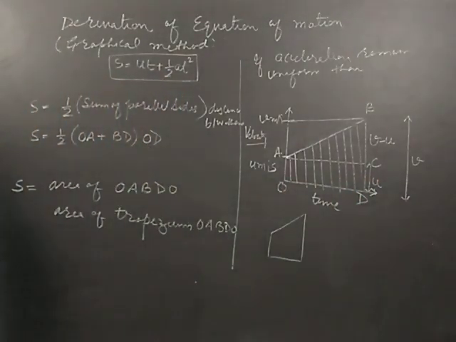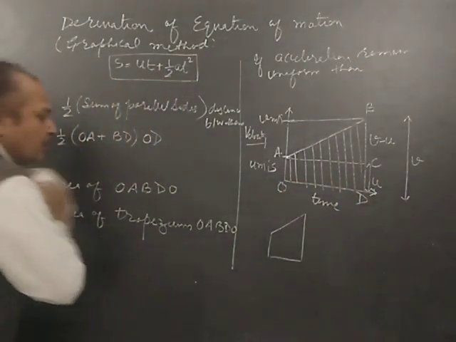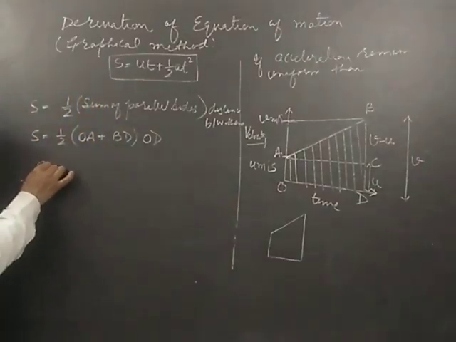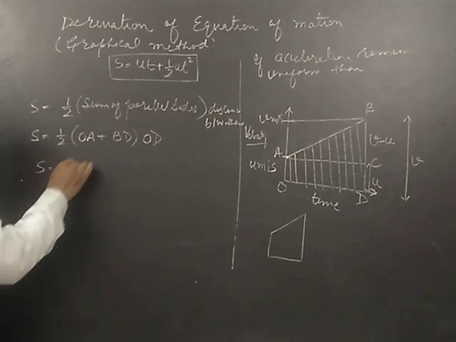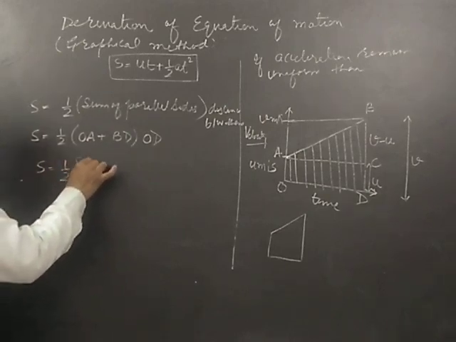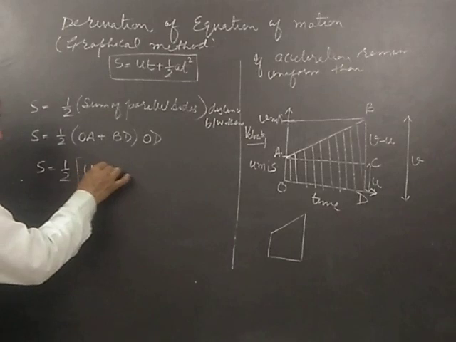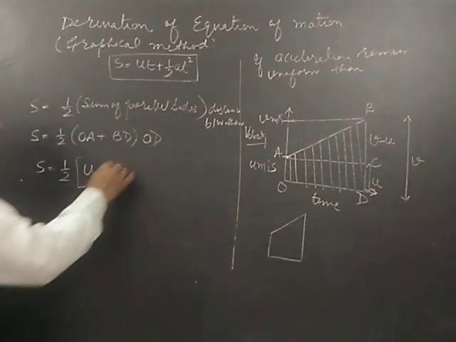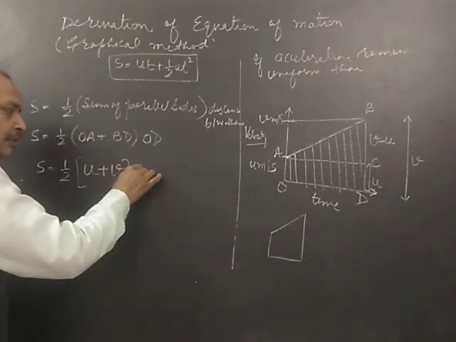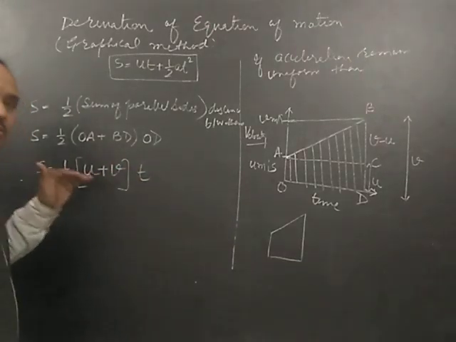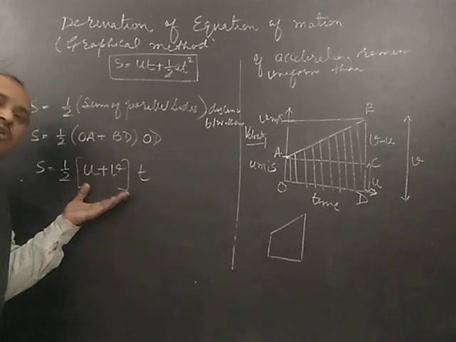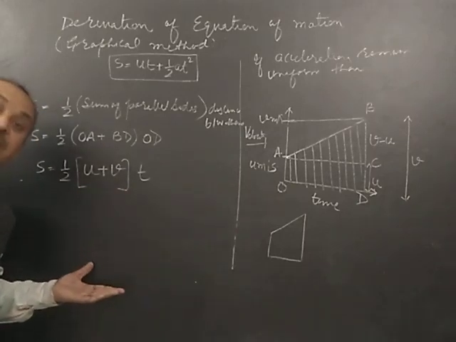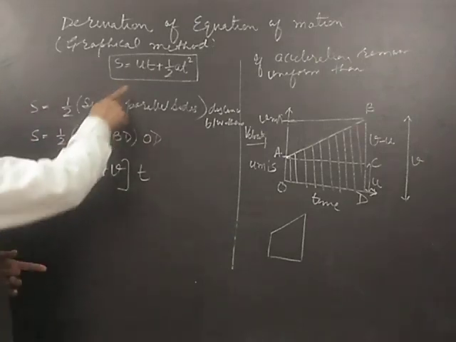So directly you can put these values and your derivation is over. So S is equal to half into OA plus BD into T.